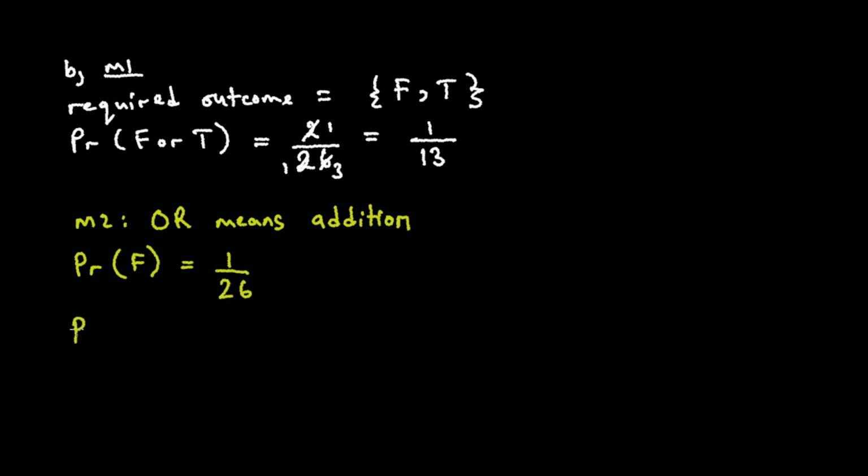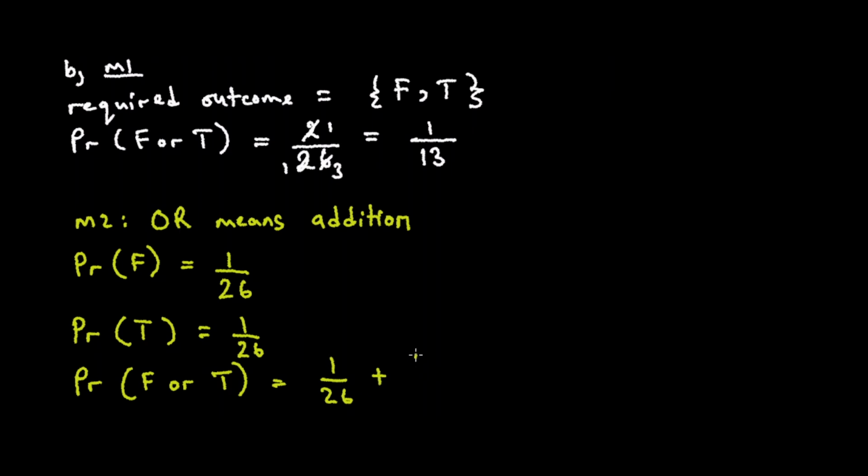Ko probability yekuwana t ndeyani, ndi 1 over 26. Ko probability yekuwana f or t, zvoreva kuti tichatora probability ya f 1 over 26 plus probability ya t 1 over 26. Since tine the same denominator, we just add my numerators, 1 plus 1 is 2, so it's 2 over 26. Tichawana futi 1 over 13.